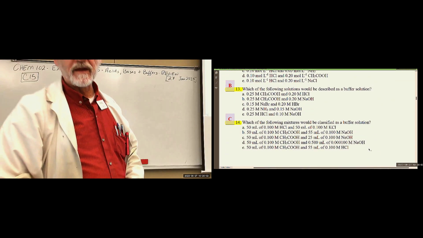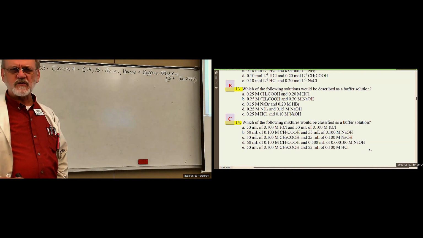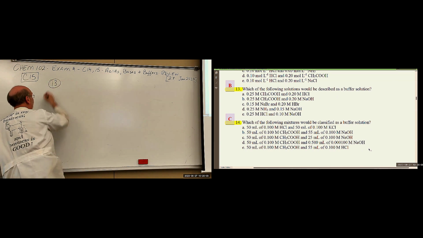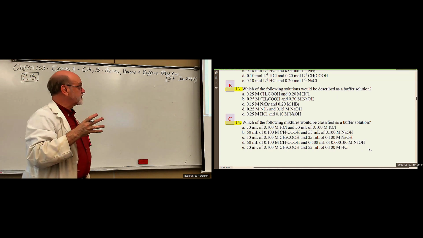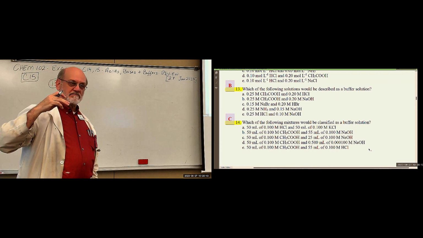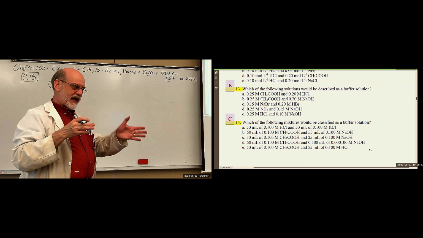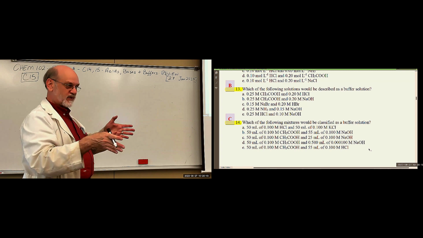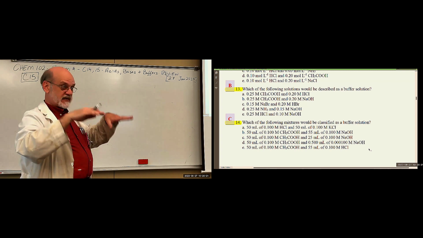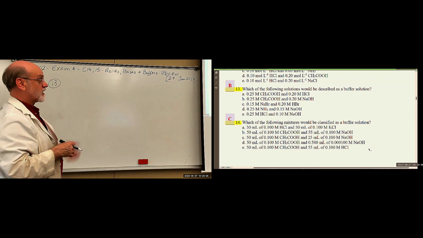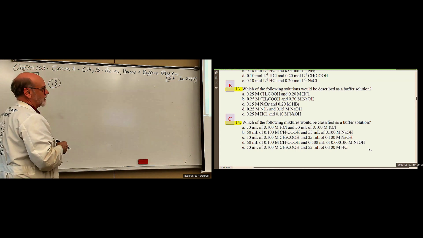Which of the following solutions would be described as a buffer solution? This is 13. All right. What we want is as close as we can get to weak acid and conjugate base concentrations being equal. That's perfect. And is any one of these close? Well, let's see.